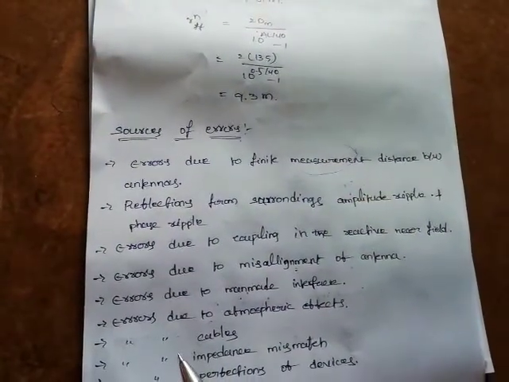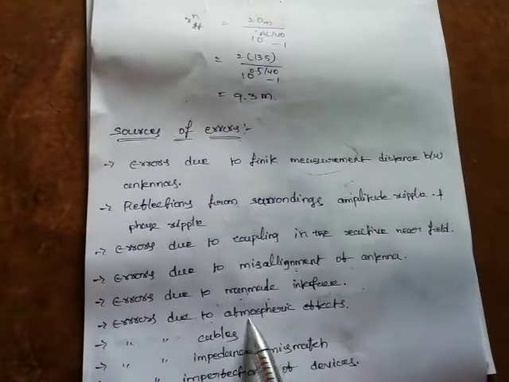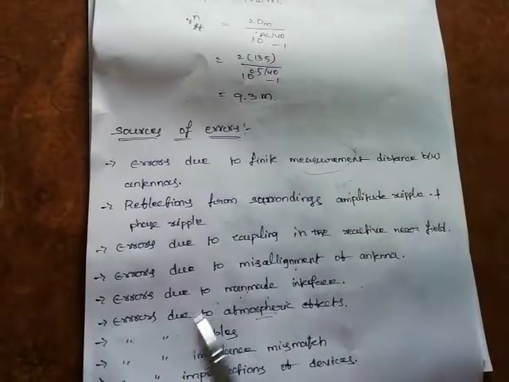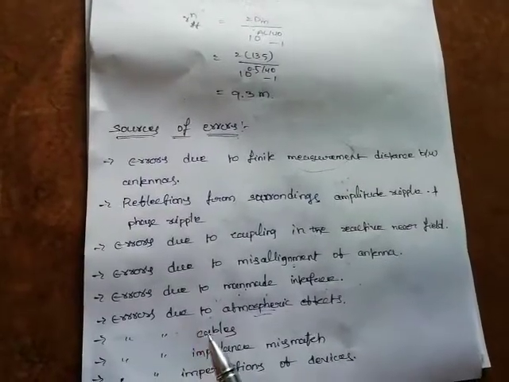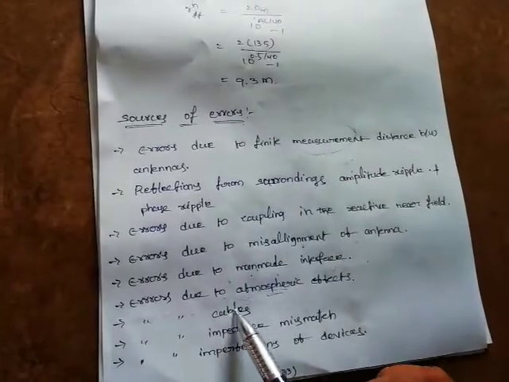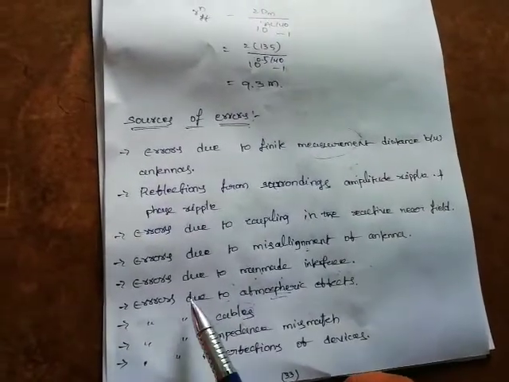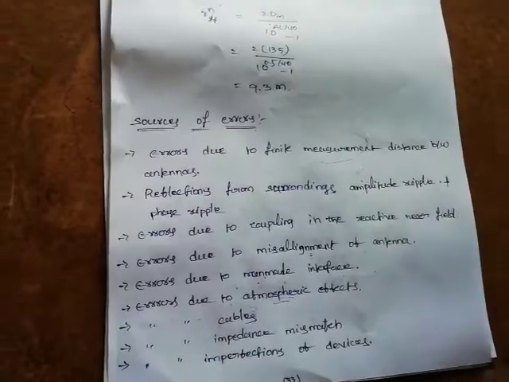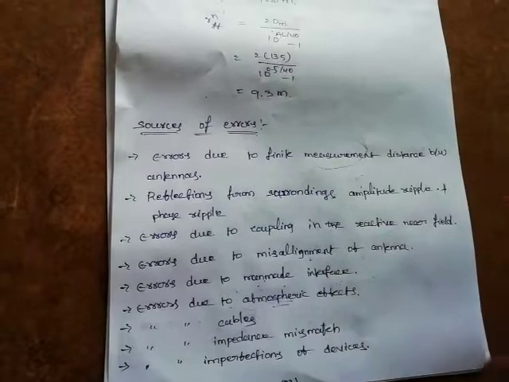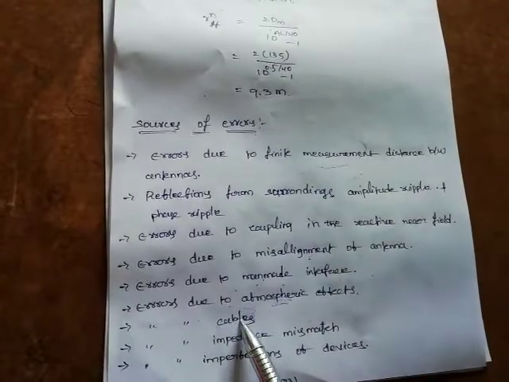Next, errors due to atmospheric effects. All of you know that. Because of change in atmosphere, there is a disturbance in signals, and you will get errors. Next, errors due to cables. If any cable is damaged, you will get errors because you will not get the proper connection or proper signal. So that is errors due to cables.